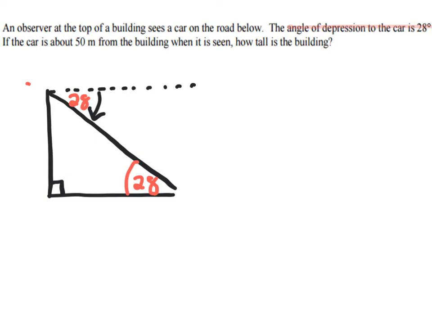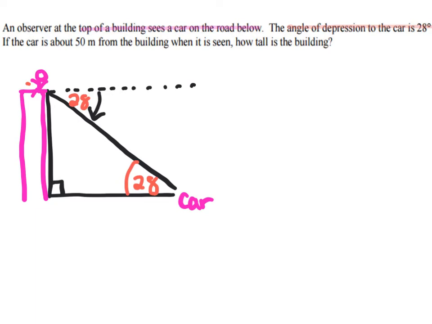Now if I continue to draw the scenario here, it says the observer from the top of a building sees a car on a road below. So this is going to be my building over here with my observer on top, and this is our car down below.